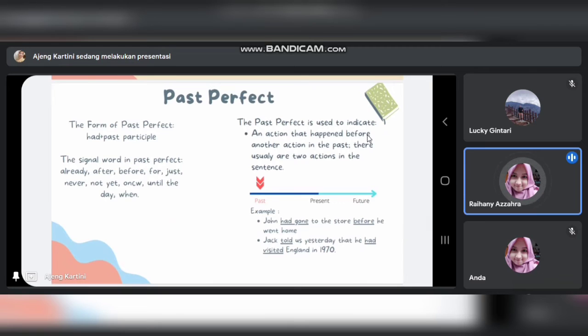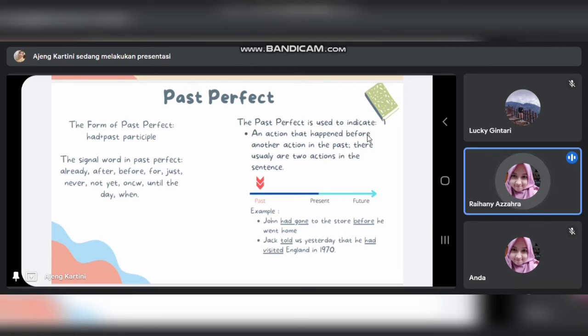And the next is past perfect. Past perfect expresses an activity or event that was completed before another activity or time in the past. The form of past perfect is had plus past participle.